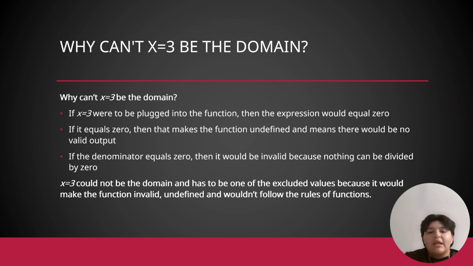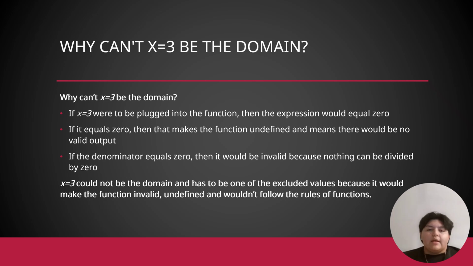If the denominator equals 0, it would be completely invalid because nothing can be divided by 0. So x equaling 3 has to be one of the excluded values because it would make the function invalid, undefined, and it wouldn't follow the rules within functions.